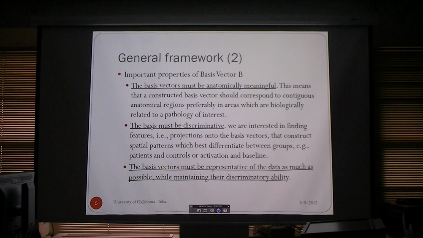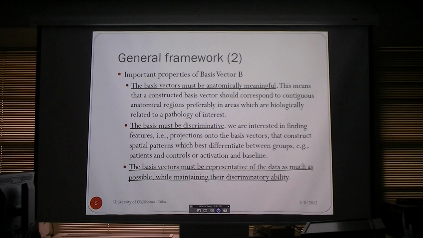The three most important properties of the B vectors will be: first, we want to extract some basis vectors that have some anatomic information of the body. It means, for example, it can be used for the next step, for example detection, maybe cancer detection or anything else.